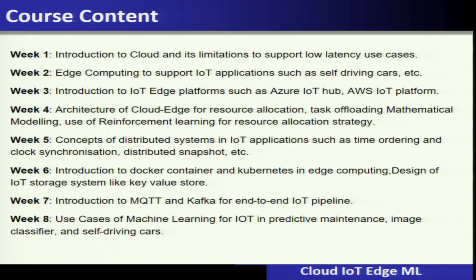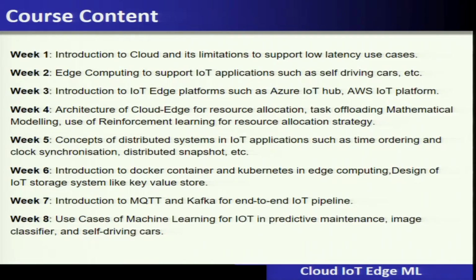Then we are going to introduce the concepts of distributed systems in IoT applications, such as time ordering, clock synchronization, and distributed snapshot. This will give a good fundamental background not only in cloud computing and edge computing, but also in IoT and distributed computing.